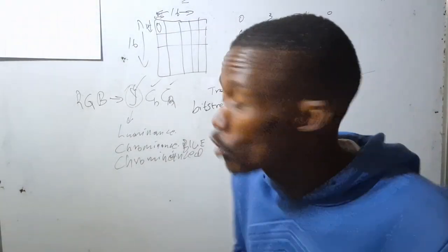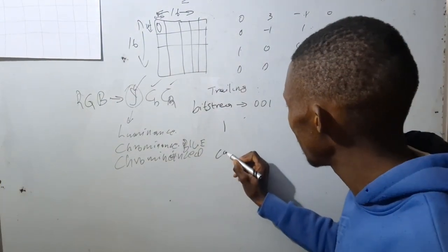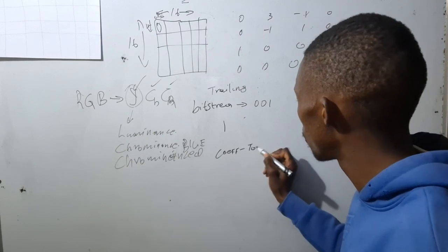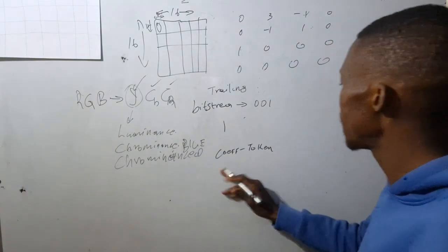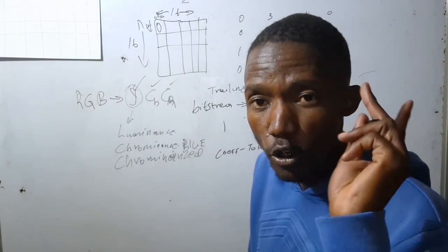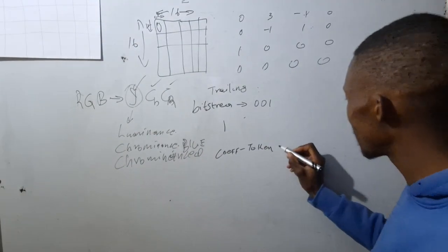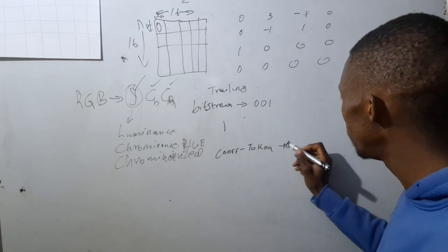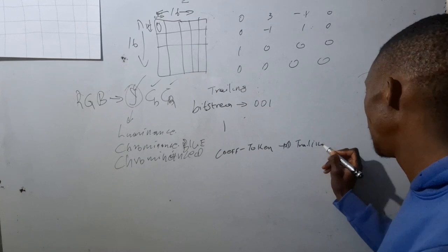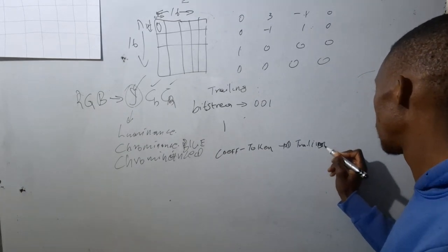Now we are trying to encode a syntax element called coefficient token. And I'm saying this coefficient token has two values. Number 1, what is called trailing ones, right?